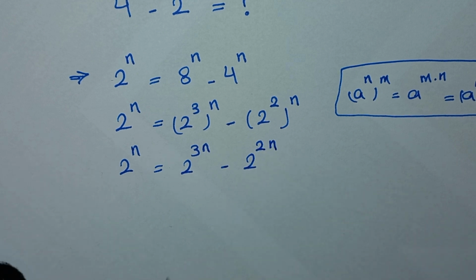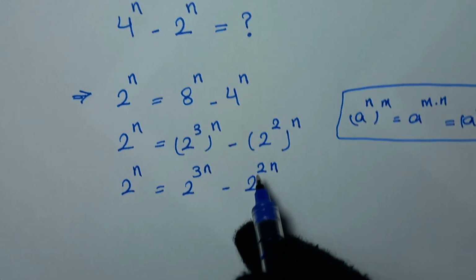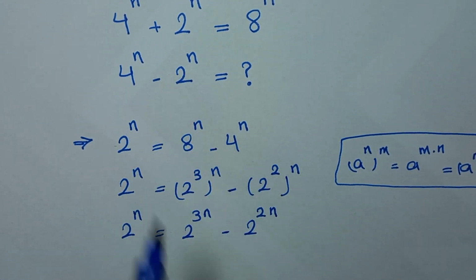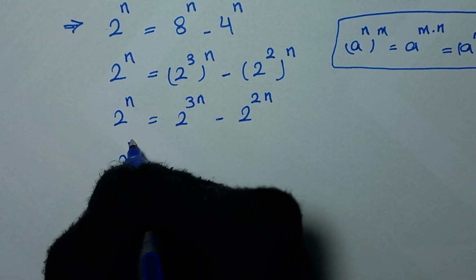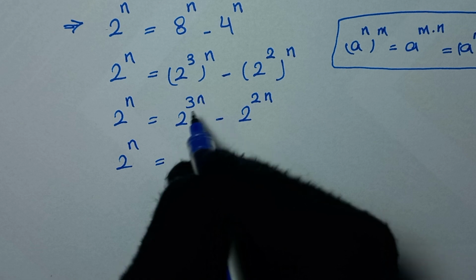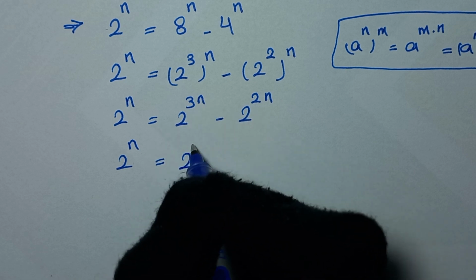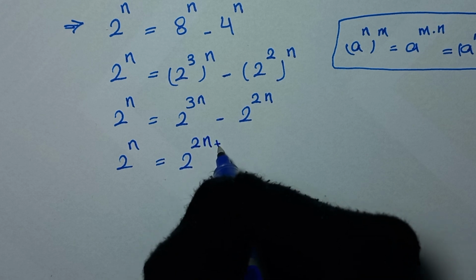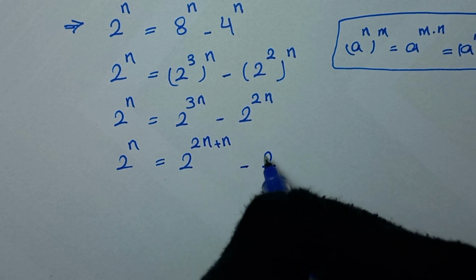And in next step, in here, we want to make this side look like this. So it will be 2 to the power of n is equal to, in here we can write 3n as 2n plus n, right? So we write 2 to the power of 2n plus n, and minus 2 to the power of 2n.